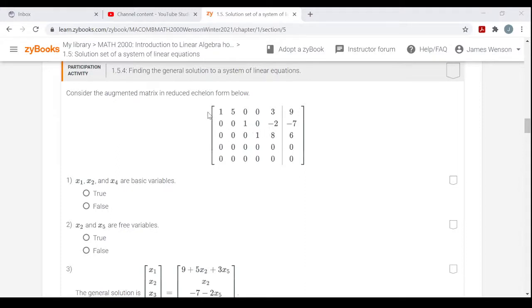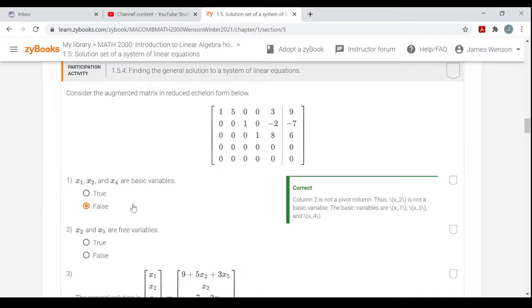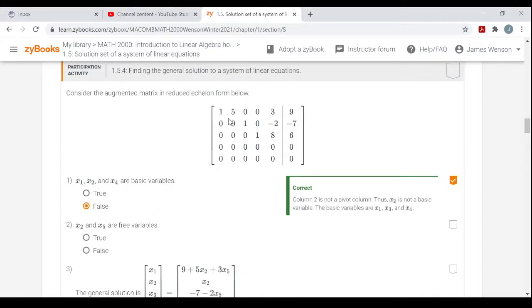So the pivots are just the leading entries, 1, 1, and 1. The last two rows don't have any leading entries. Those pivots are in column 1, column 3, and column 4. So x1, x3, and x4 would be the basic variables, not x2. So this is false. The second column does not have a pivot.